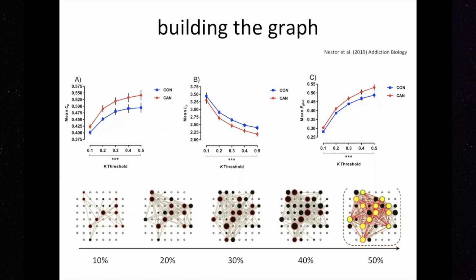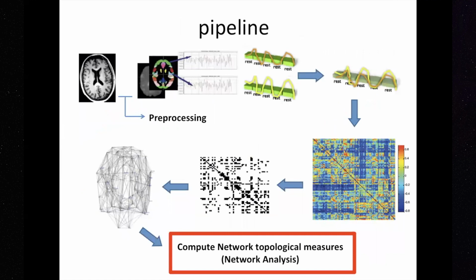And here you see there's a significant difference in a couple of graph measures across this entire threshold range. This is what you want to see in the papers, so that people examine the association to an independent variable across varying thresholds, to make sure that it's not just an artifact of the specific threshold.